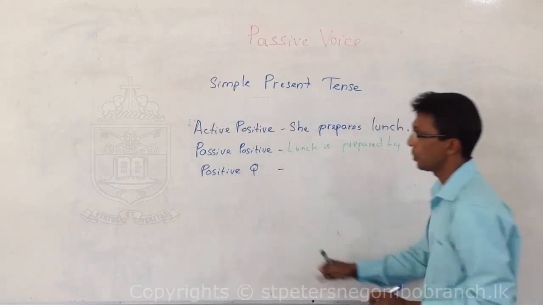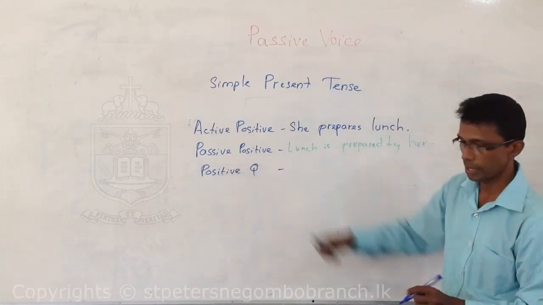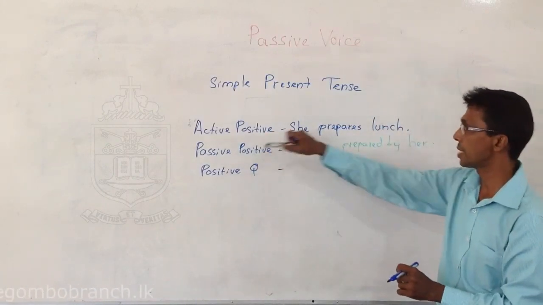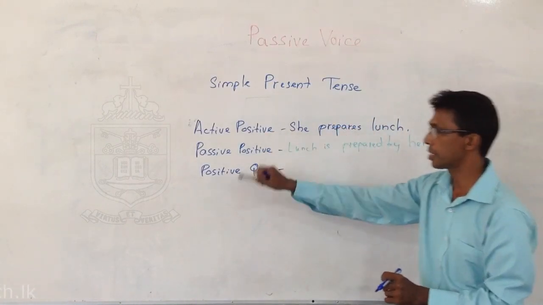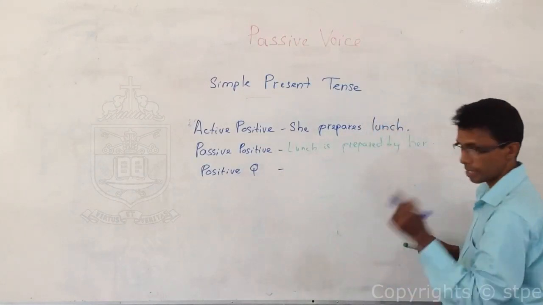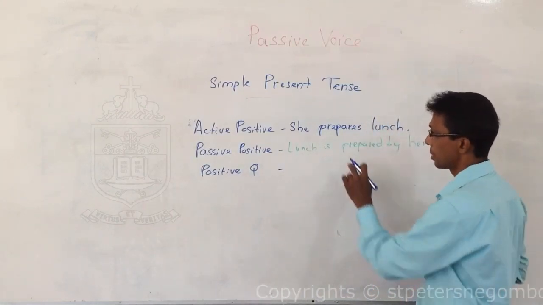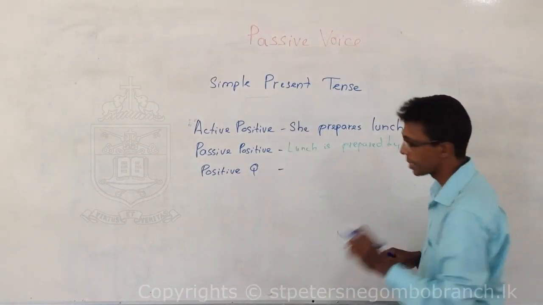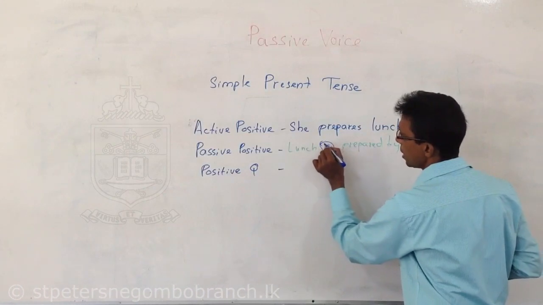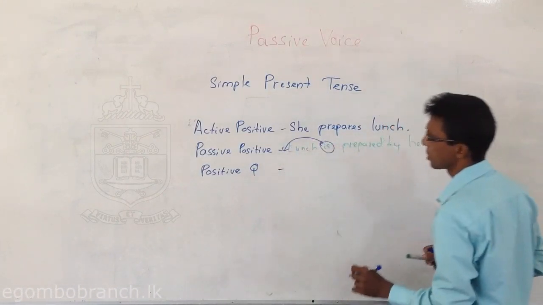Alright, Q. So from here onwards, from this one onwards, we are learning passive voice. Only this sentence is active voice. This is passive voice, right? Positive question. In questions, as I told you, the helping verbs change. And this is how the helping verb is changing. This is coming in front like this, right?